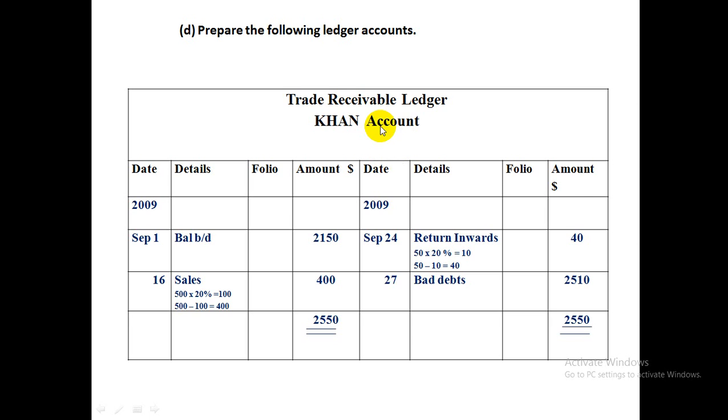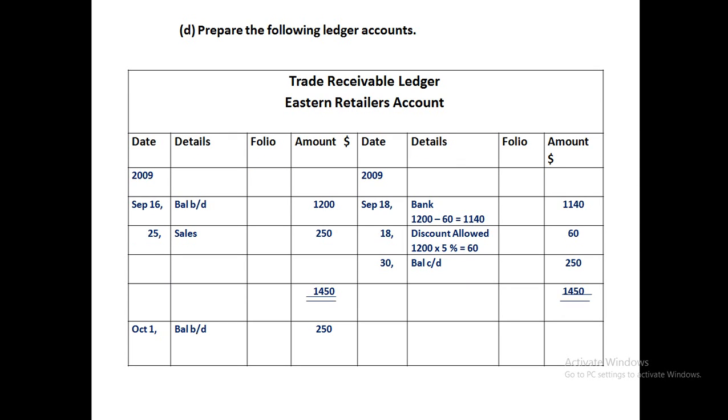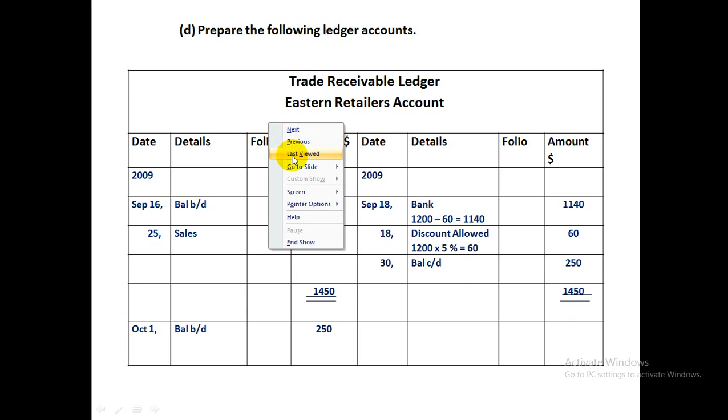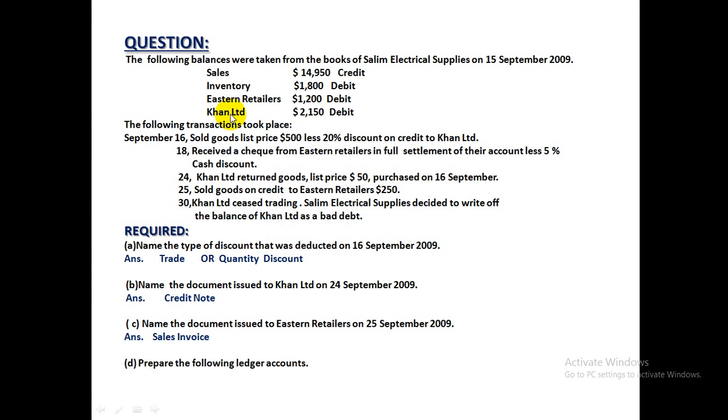Let's look at the ledger of Eastern Retailers. Again, we look at the question for Eastern Retailers balance. Let's see if there is any opening balance given to us. For Eastern Retailers, again the debit balance is 1200.